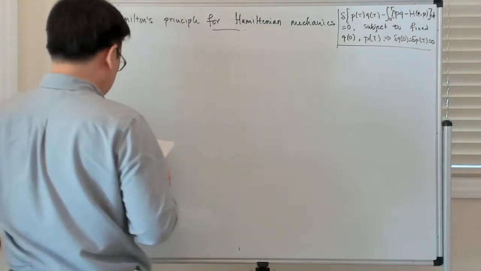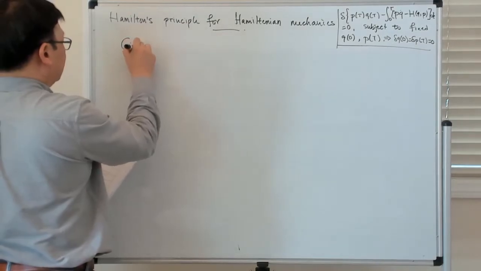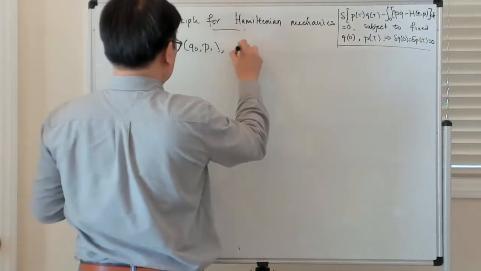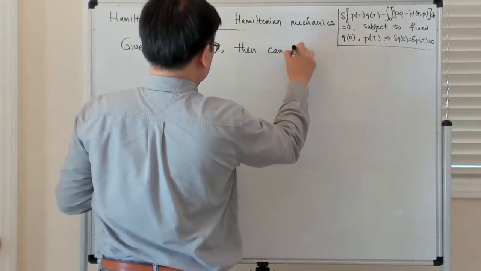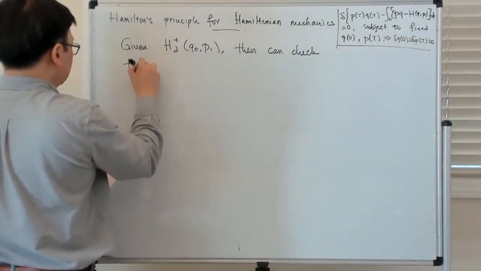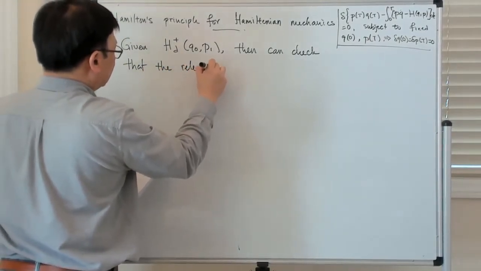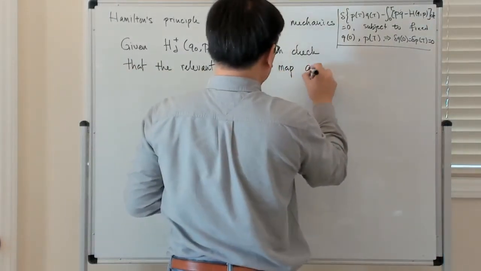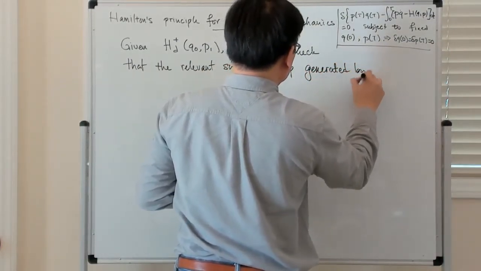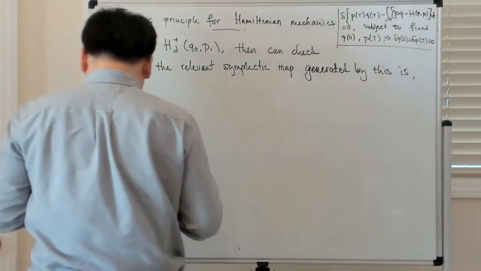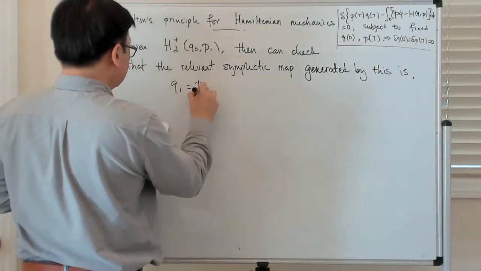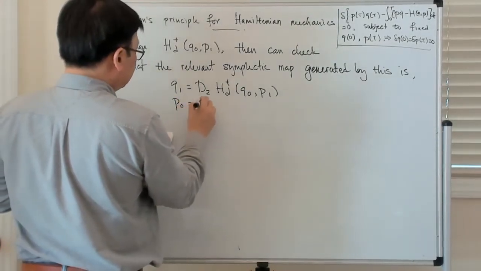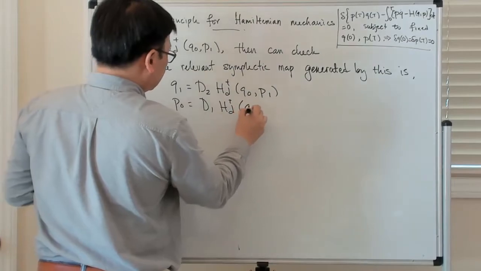So if you're given one of these HD pluses, which depend on Q0 and P1, then you can check that the relevant symplectic map generated by this is given by Q1 is equal to D2 HD plus Q0 P1, and P0 is equal to D1 HD plus Q0 P1.